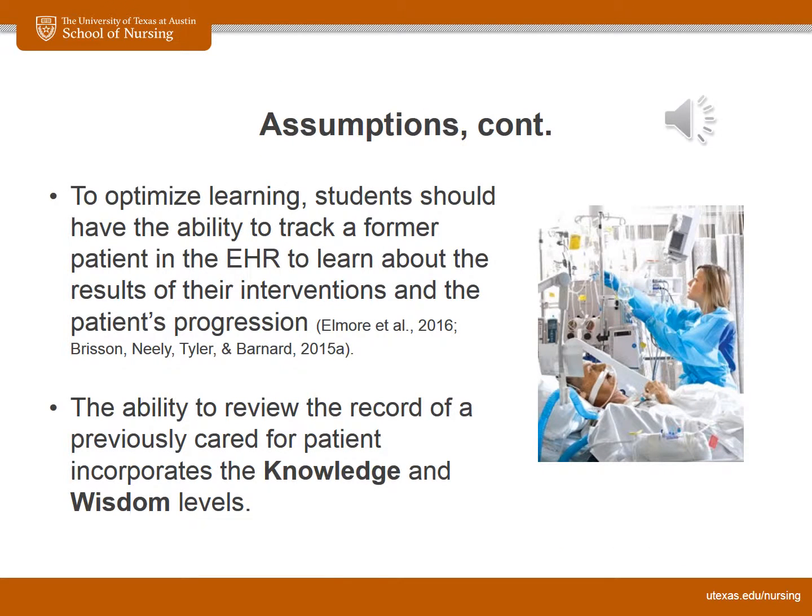An important assumption is that to optimize learning, nursing students should have the ability to track a former patient in the electronic health record to learn about the results of their interventions and the patient's progression. This review of the record allows the student to move to the knowledge and wisdom levels of the DIKW framework.